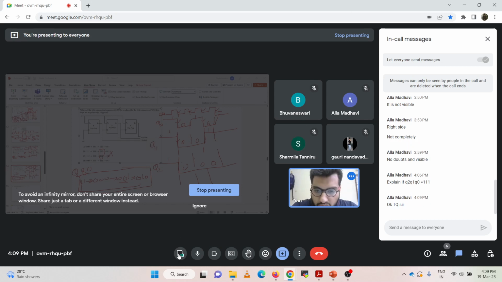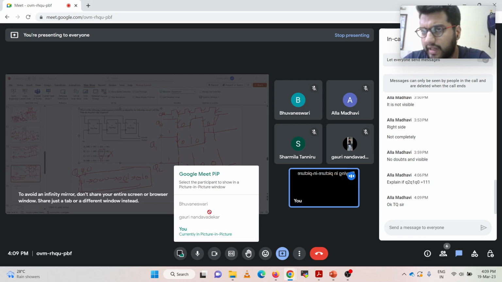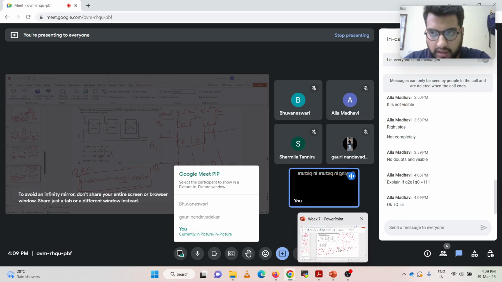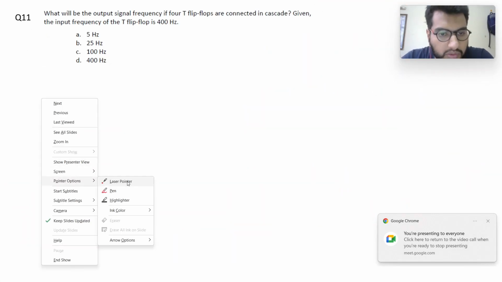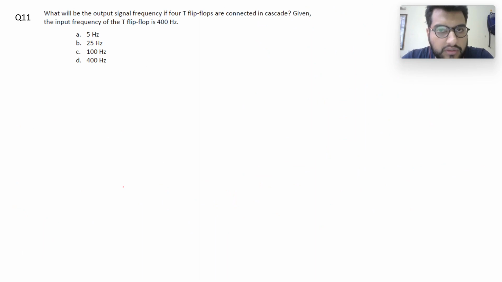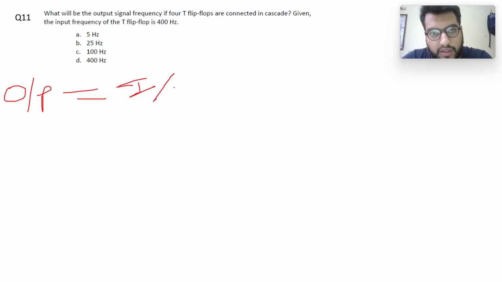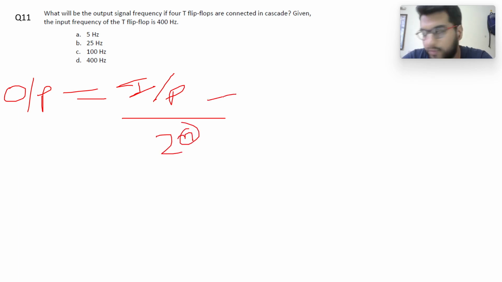Okay, now moving forward to question number 11. The question asks: what will be the output frequency of 4 cascaded T flip-flops, given the input frequency of the T flip-flop is 400 Hz. So we know that whenever we have this type of circuit, output frequency is equal to input frequency divided by 2 to the power n, where n is the number of flip-flops.